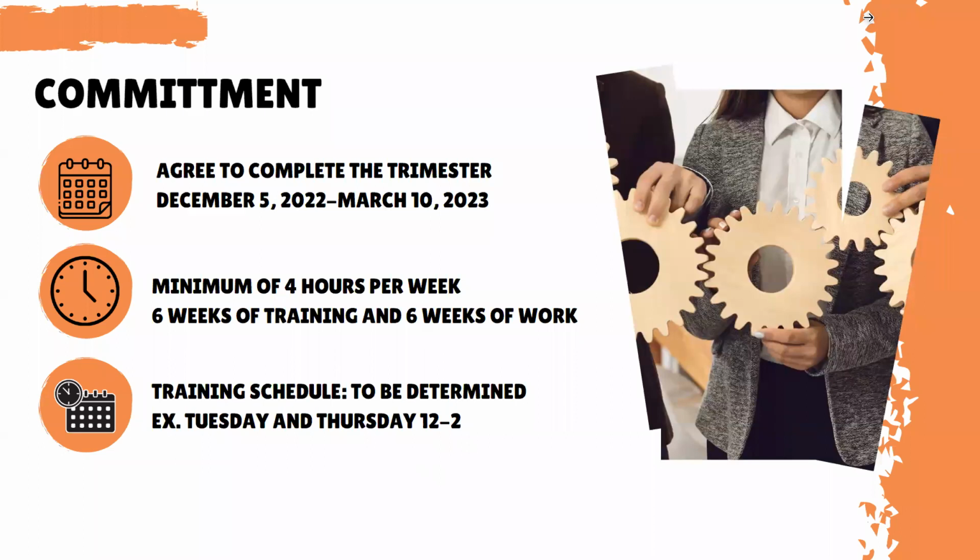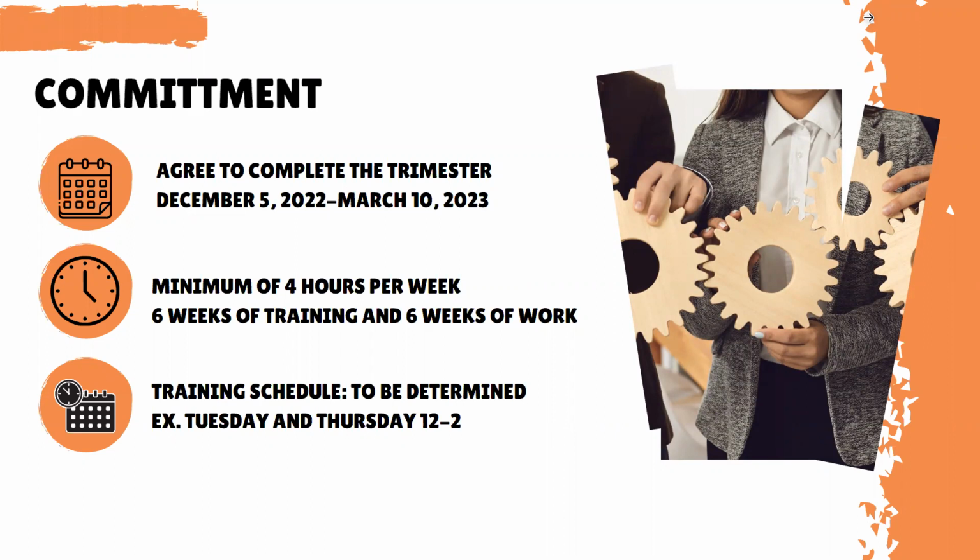Also, you would be working a minimum of 4 hours per week, and the 4 hours, that's training. And also the 4 hours per week, once you finish training, we would find you something to do for the other 4 hours per week. And it is 6 weeks of training.